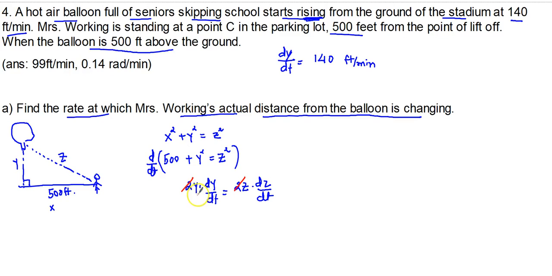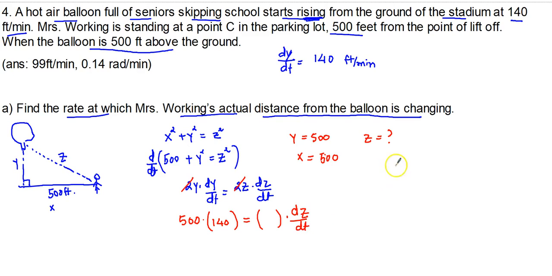Now here is where we are substituting y is 500 feet. When y is 500 feet, you do not know z. We have no idea what z is. We also know that x is 500 because that's a fixed distance. So y is 500, dy/dt is 140. I do not know z, which we have to find out, and we are interested in dz/dt.